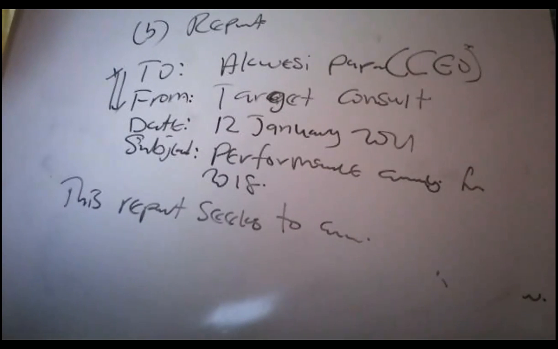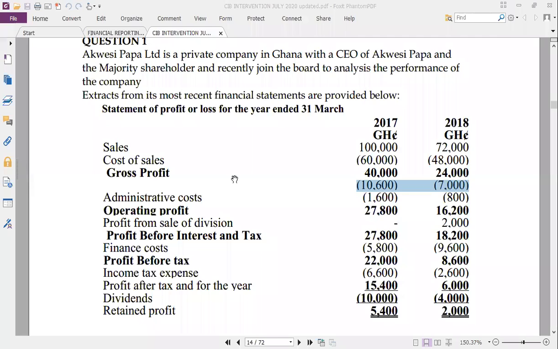Normally, the truth of the matter is that common size financial statements do not come with a report or memo. They just straight ask you to do the analysis. So they don't come with these addresses. But I like to worry, so that's why we put it in a format.